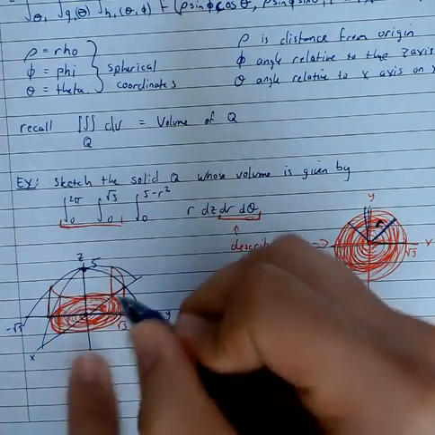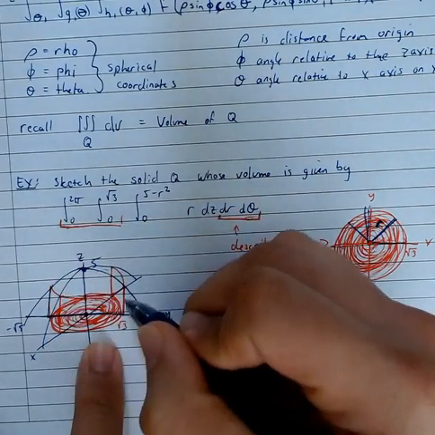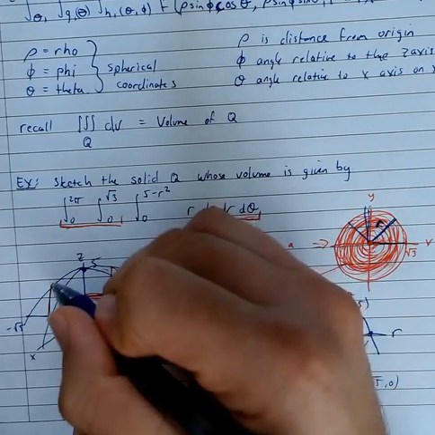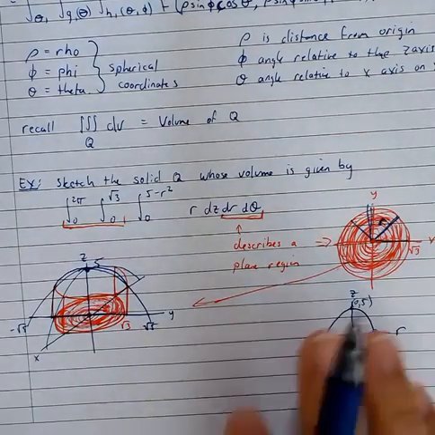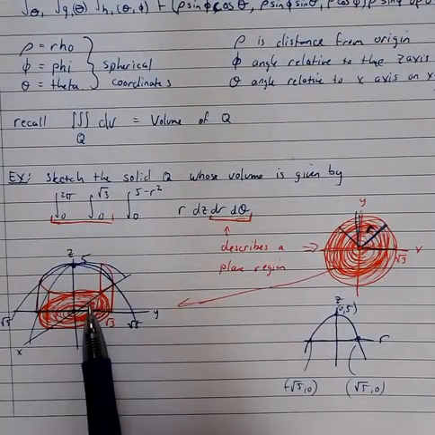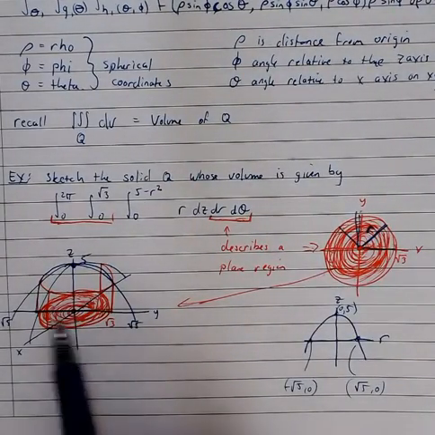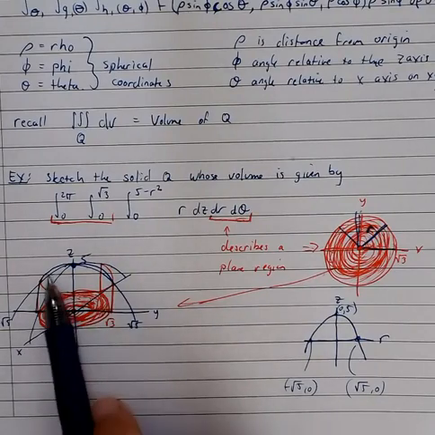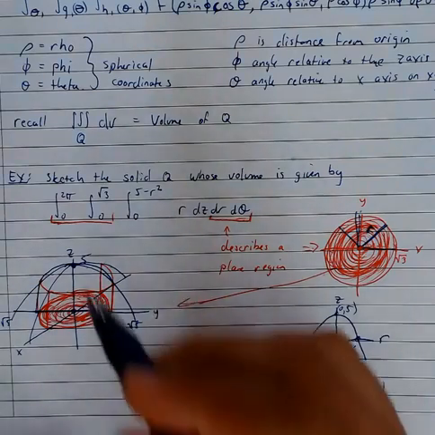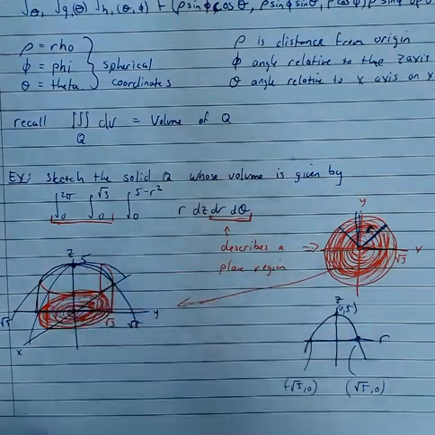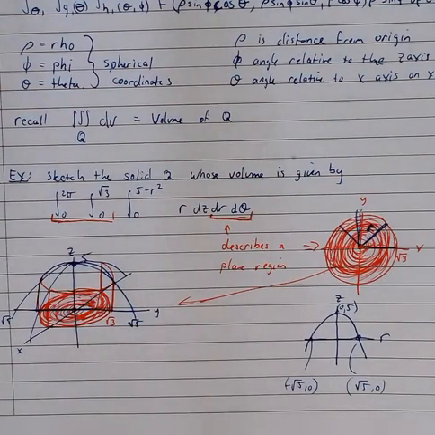It looks like a cylinder in the traditional sense, like a soda can, but then the very top is bulging out in a parabolic shape. To me this looks like a cupcake. It's a little cylinder with a little dome top. And so the solid Q that we're describing is all the stuff inside the cupcake. And now I'm hungry. Oh well.